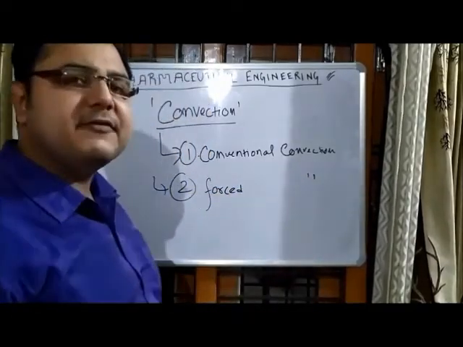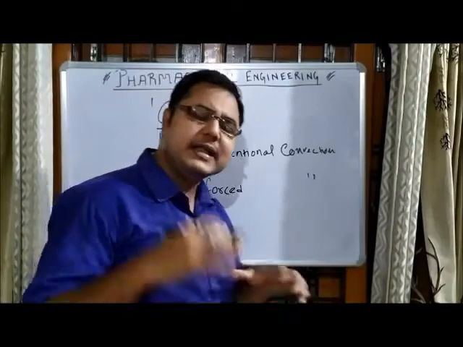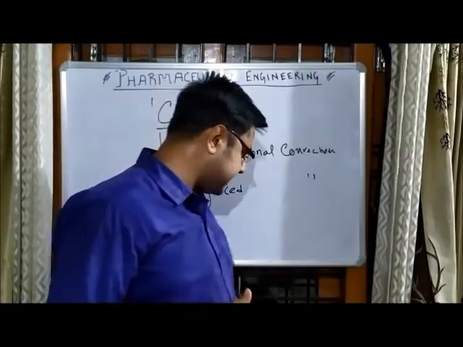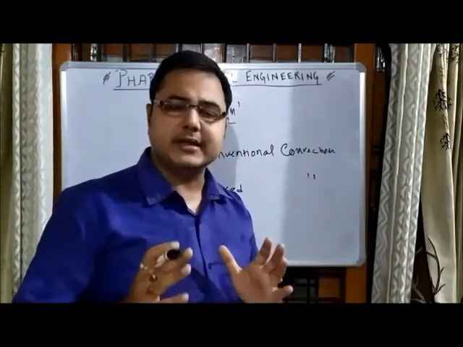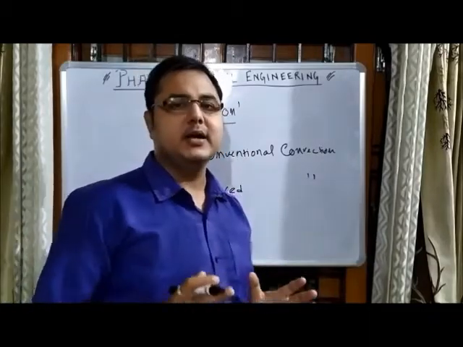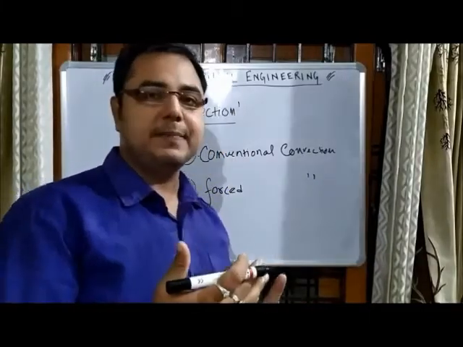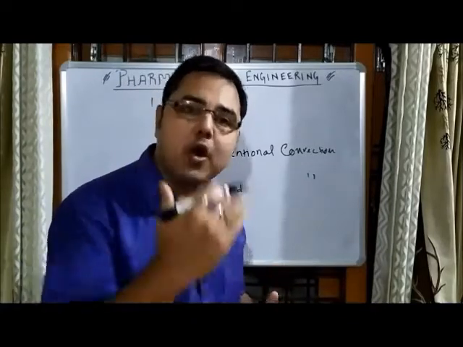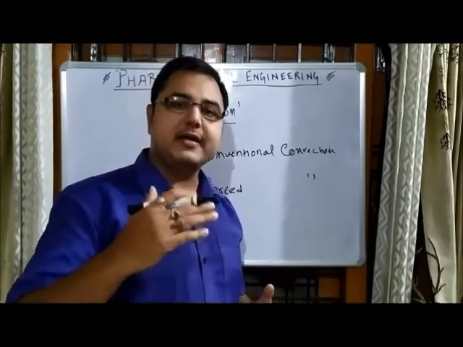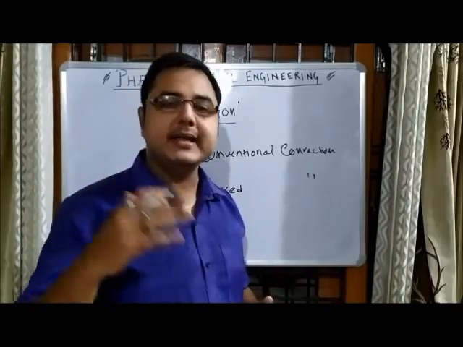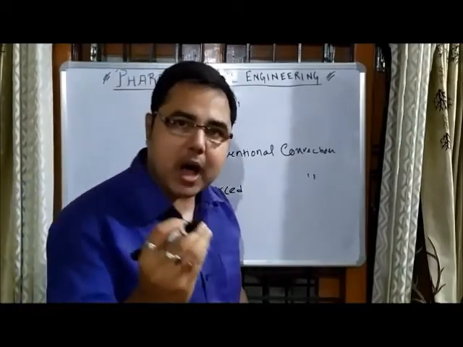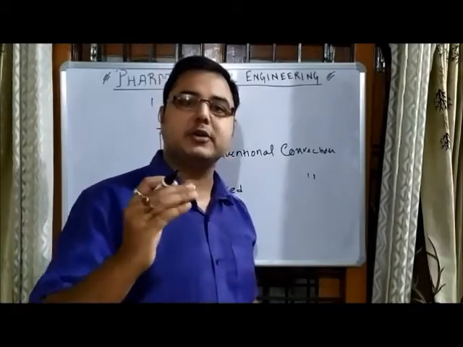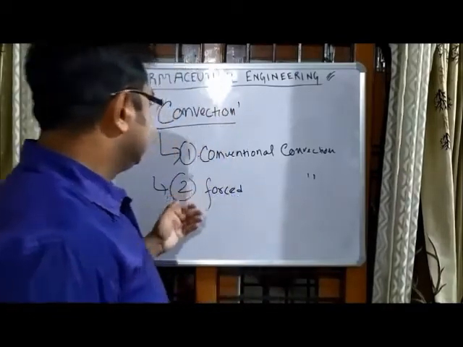So what is the conventional convection? In the conventional convection, as we have already discussed, the heated liquid will exchange the heat with the cold liquid by its own, and this process is somewhat slower as compared to the forced convection.